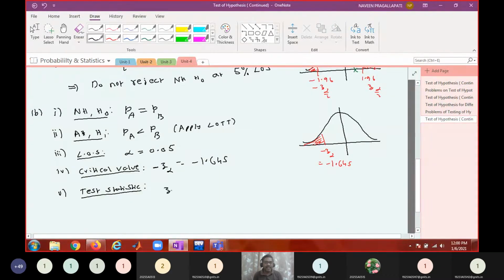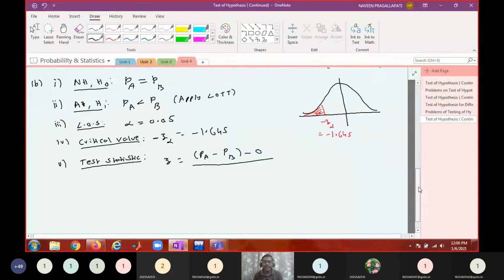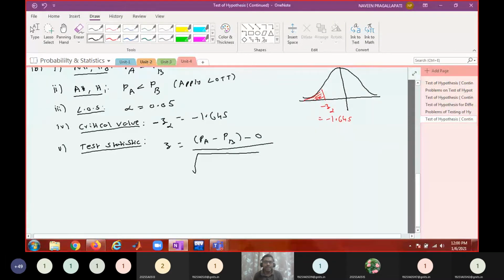So test statistic is Z equal to what is it? PA minus PB, minus 0, by root of P cap Q cap into 1 by N1 plus 1 by N2. I'm directly writing the formula. So compute these values.